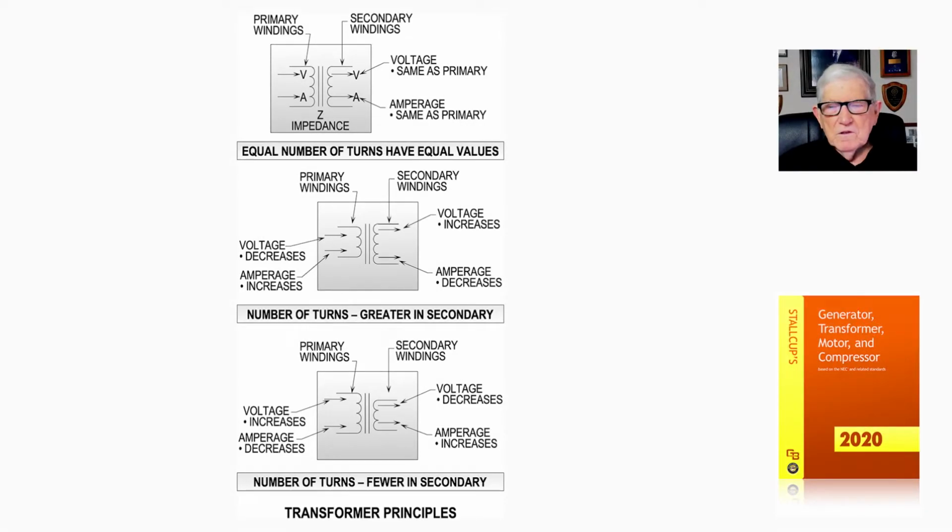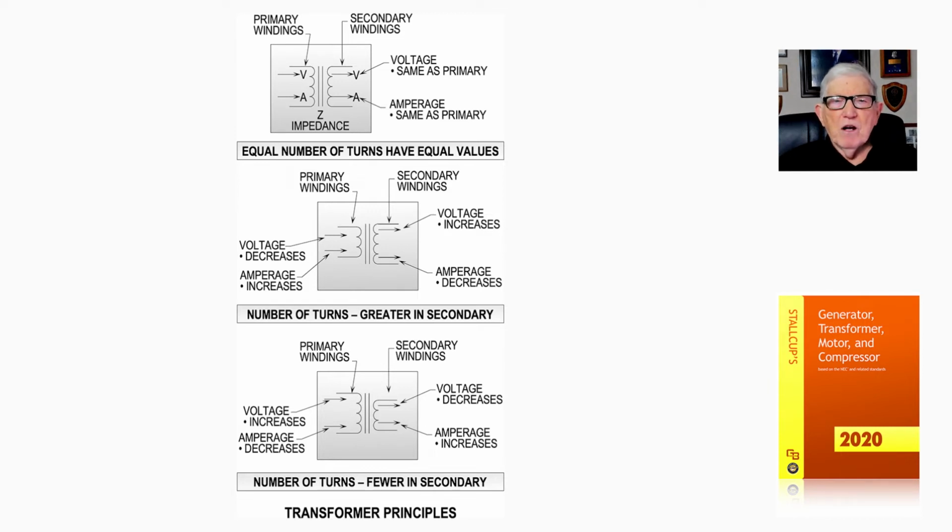Now let's take a look at this figure 7-1 from Stallcup's generator, transformer, motor, and compressor book. Notice it gets into the equal number of turns and odd turns and so forth, where you pick up less amperage, less voltage, and so forth. So when we look at equal number of turns, we have equal values.